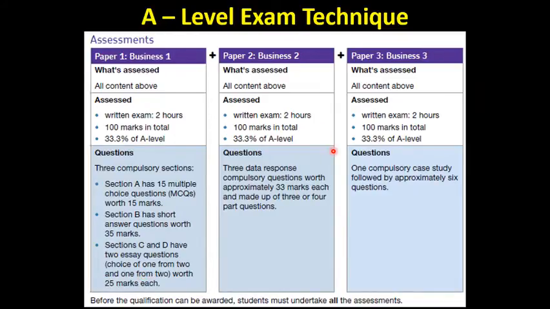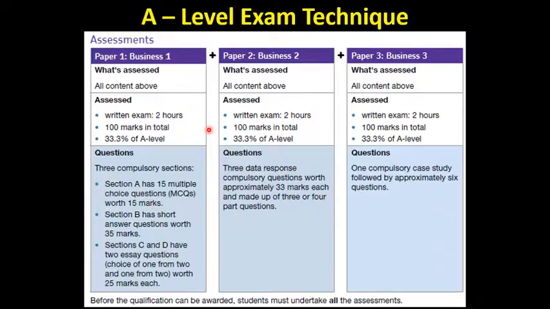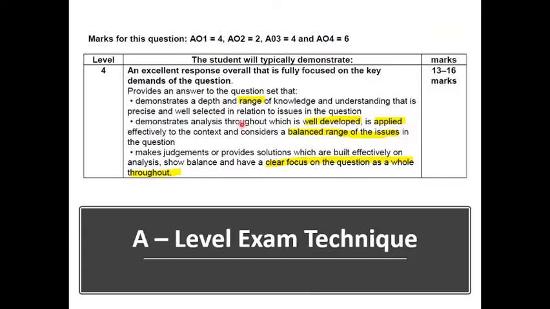and I'll have a look at those in a separate video. So this is the mark scheme, which I forgot to include in the last video I did on analysis questions, but this is what AQA are looking for in a top band answer. You've got a depth and range of knowledge and understanding. You've got analysis throughout the answer, which is well developed and applied effectively to the context and considers a balanced range of the issues.